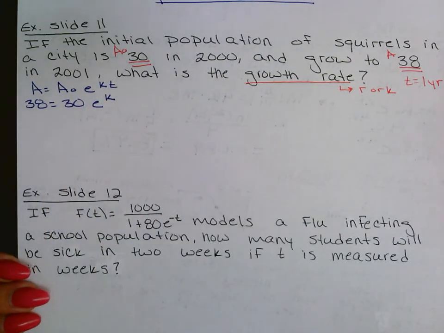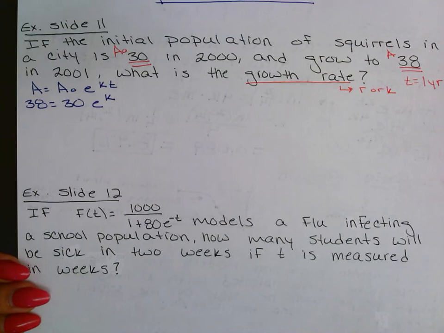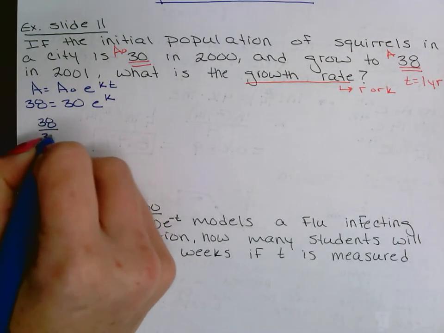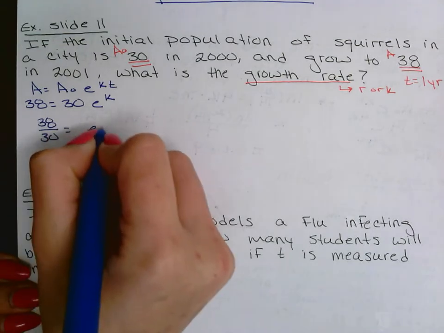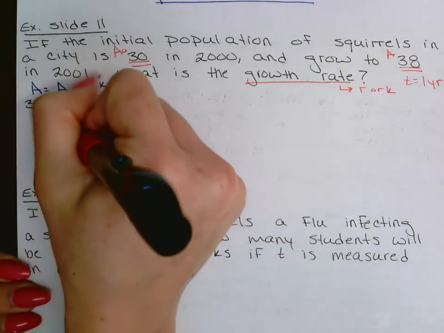Okay. T is 1, so that makes that really easy. What's my next step? Divide by 30. What's my next step? Apply an ln to both sides. Good job.